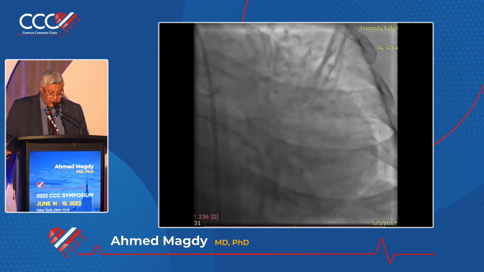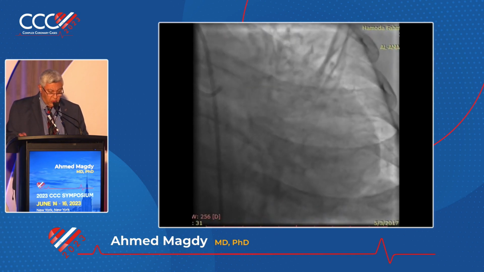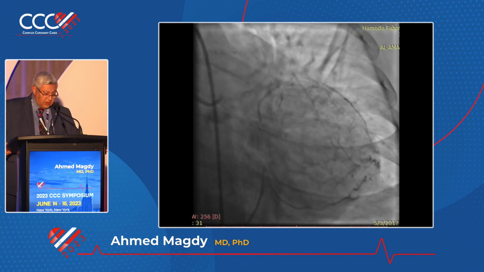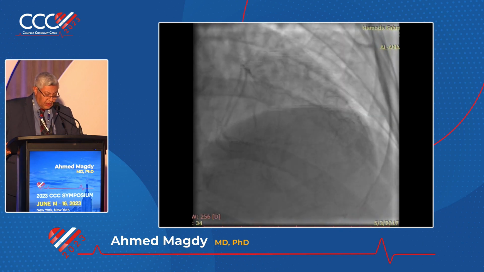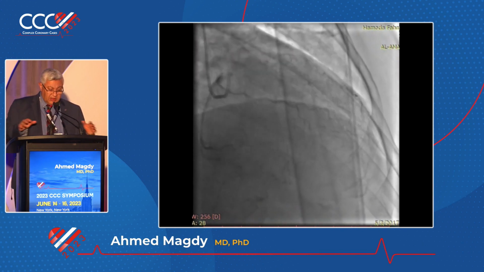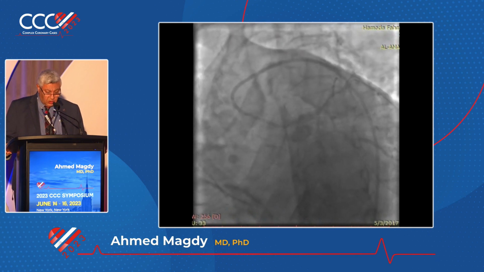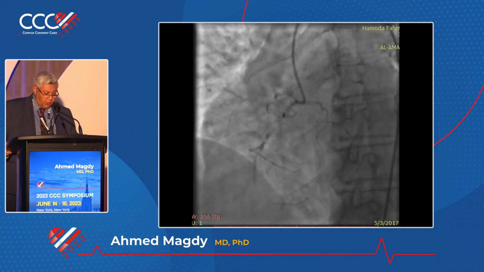And so for this patient, of course, careful wiring is very important. And lesion preparation and imaging would be very useful. You may think that this could be truly small or falsely small, and so imaging may prove it.